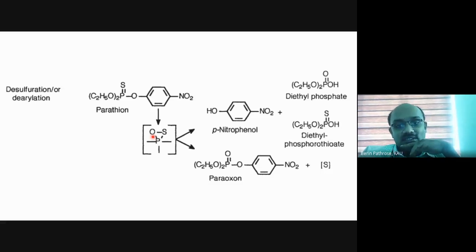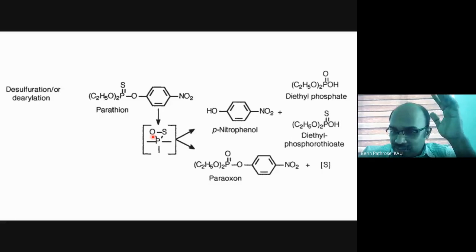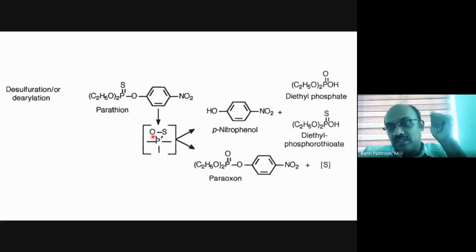this ring structure, that is a detoxification step. So we have seen several reactions: N-dealkylation, epoxidation, ring hydroxylation, side chain hydroxylation, desulfuration, dearylation.